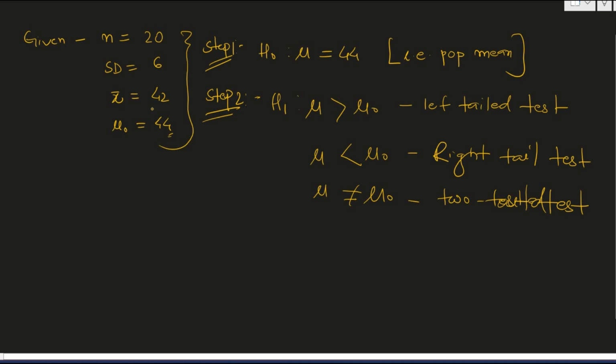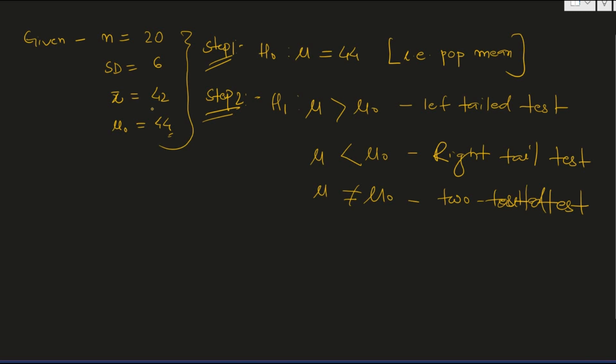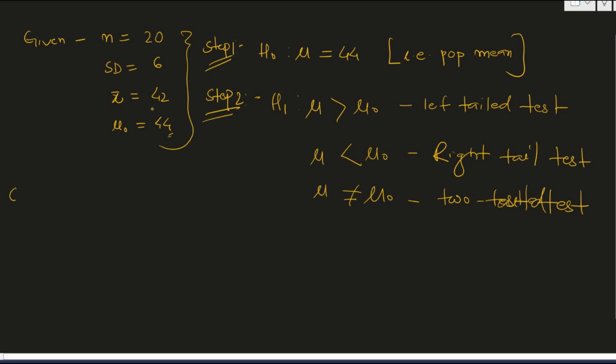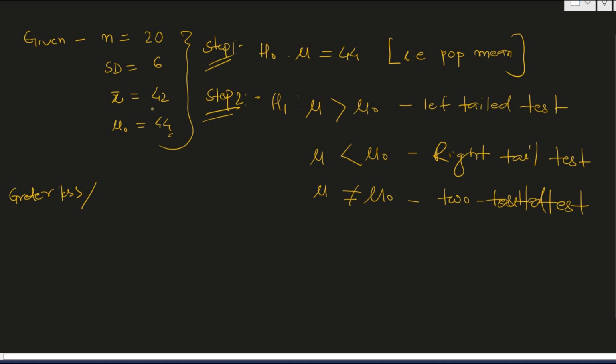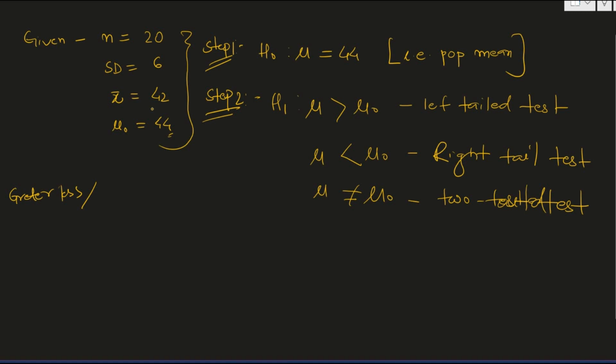A very easy way to identify this is by keywords: when we have greater than, less than, above, which represent a particular direction, it is a one tail test.